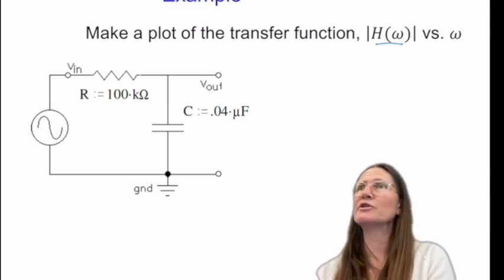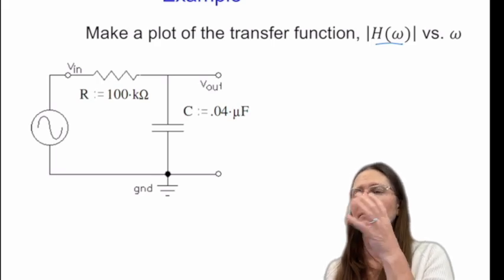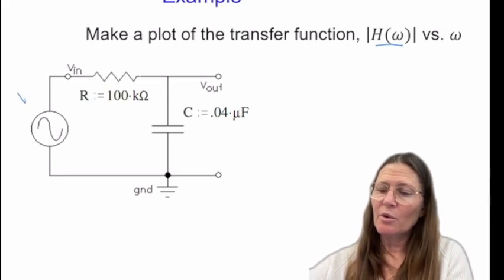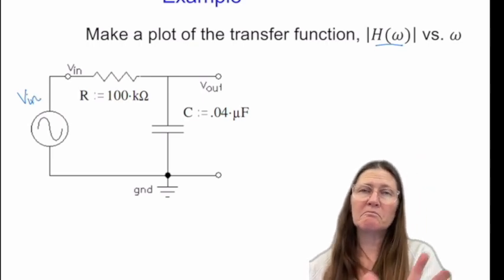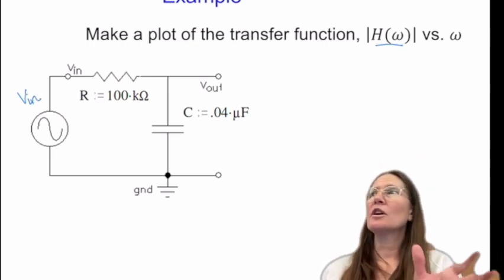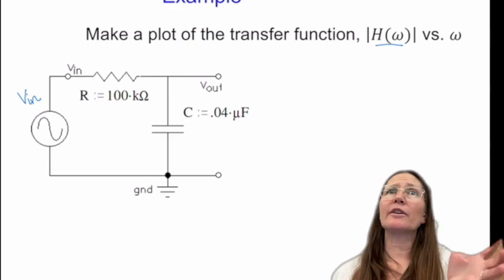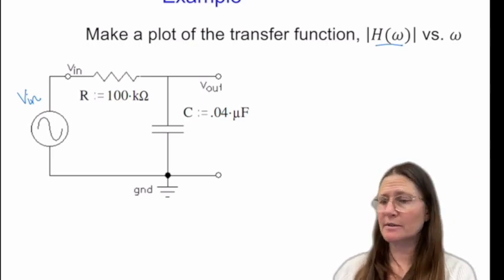What happens with the resistors when we move over into the frequency domain? They stay the same, so I don't need to do anything with this one. We're going to use a generic input, Vin, and we just know that this is a sinusoid. So we know it has a frequency, but we're not specifying exactly which frequency it is.